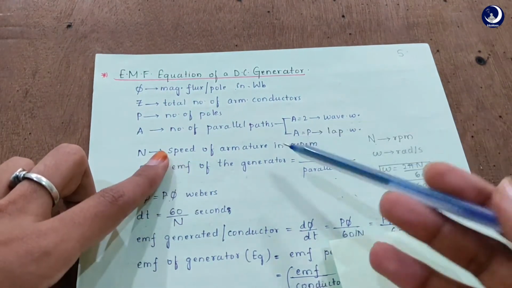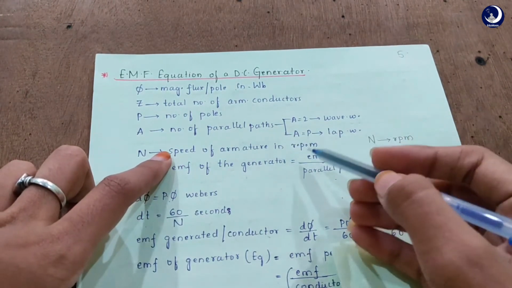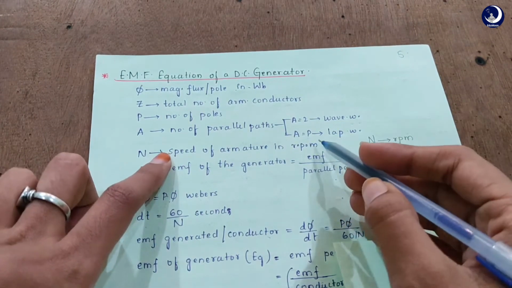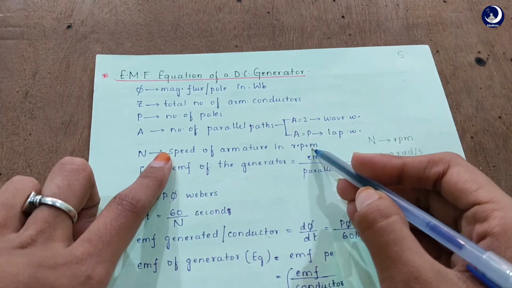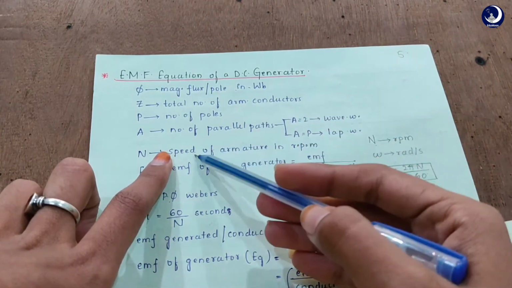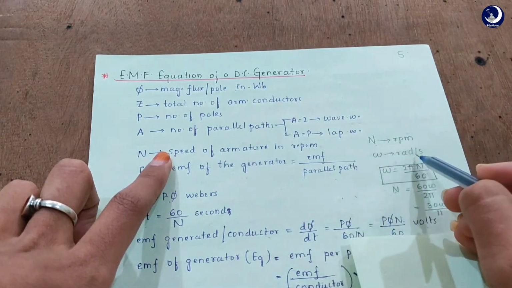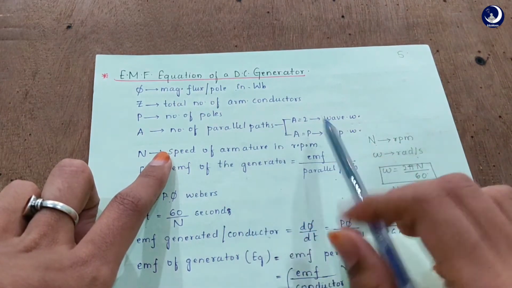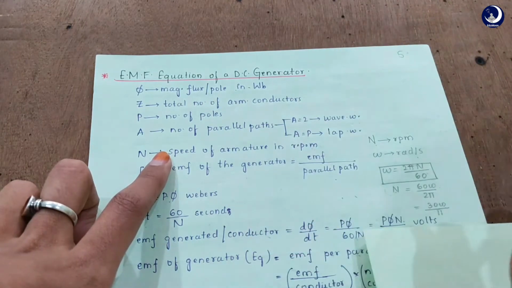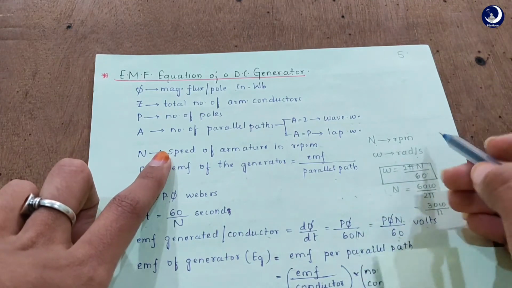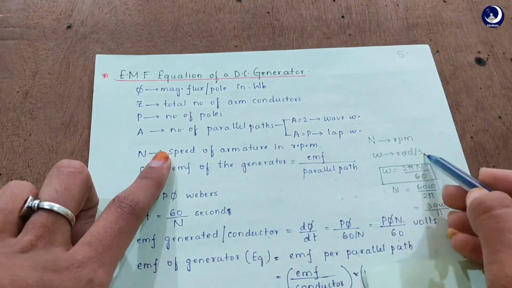And N is the speed of the armature in RPM. You have to check this while solving problems, whether they have given the speed in RPM or radian per second, because if they have given it in RPM, it's okay. But what if they give it in radian per second?